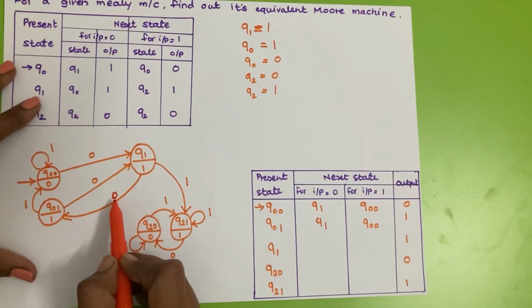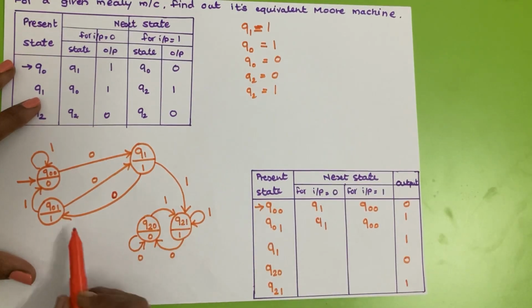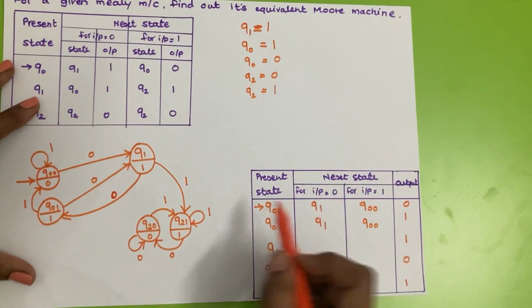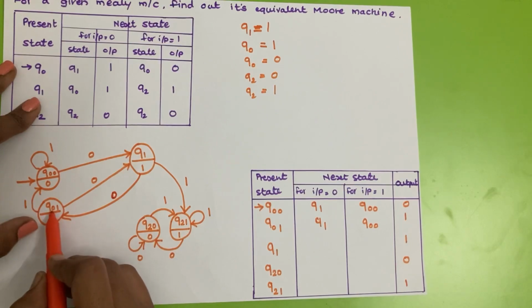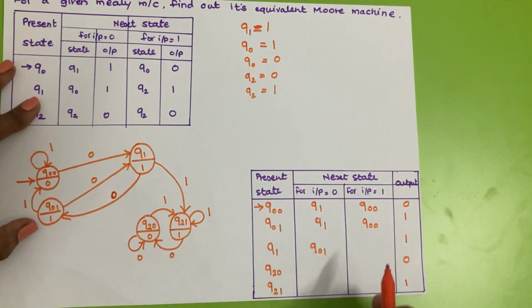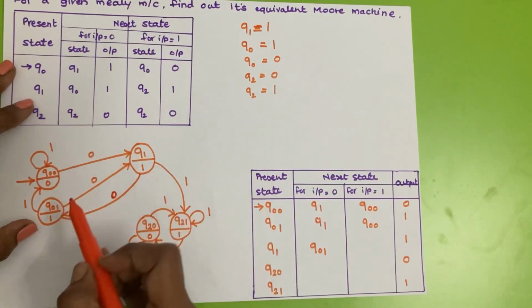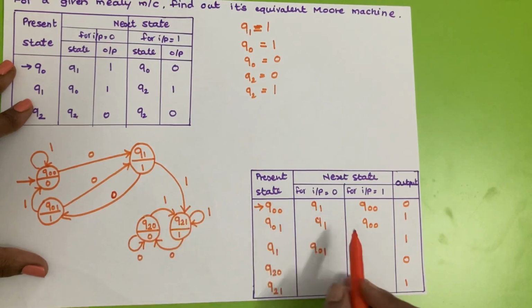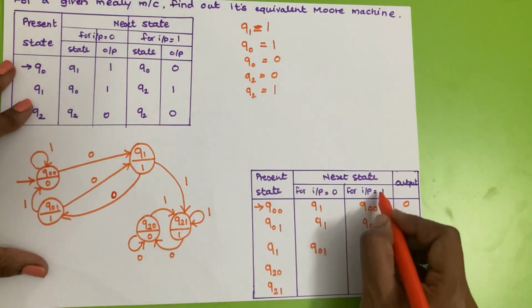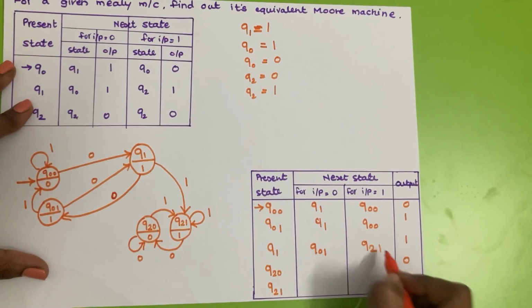So this is 0, not 1. Here Q1 on 0 is going to state Q0 1. And for Q1 on input 1, this will go to state Q2 1.